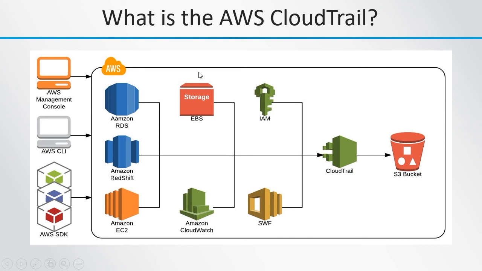The EBS will be created, you will attach it to your EC2 and so on. But what will happen is that you will fire an event to the API. The API will interact with the EBS and the EC2, and CloudTrail will record this event.